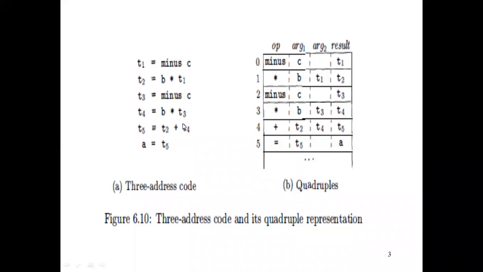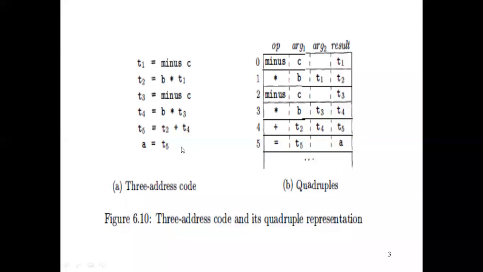B star minus C, and this is also the same B star minus C. So the given expression is A is equal to B star minus C plus B star minus C. Ultimately we reduce the given expression, and at the end A is equal to T5, which means T5 will be assigned to A. It is a long expression, but by using different temporary variables we reduce it to a single line.